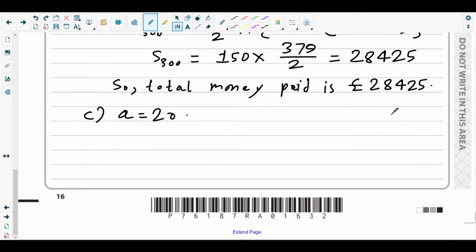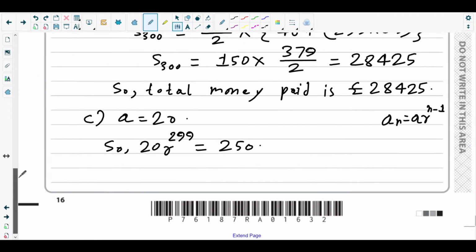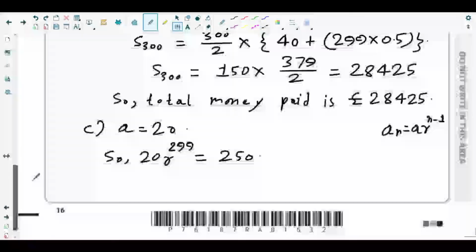The nth term of a geometric sequence is a r to the power n minus 1, right? So we can write 20 r to the power n minus 1, where n is 300, so 300 minus 1 is 299. This equals 250.